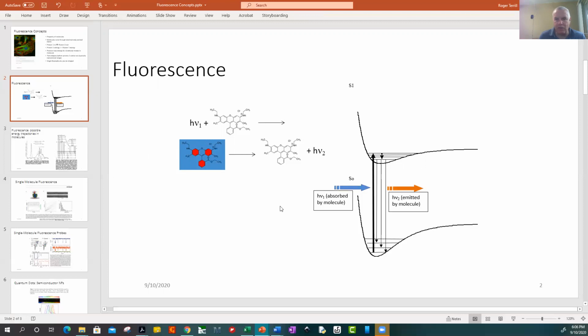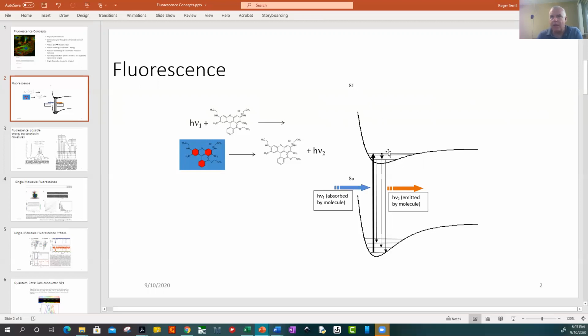Okay, less energy, lower frequency is correct. That was a contribution from Adam. Thank you, Adam. And you can see it clearly here on this Jablonski diagram. The incident radiation raises the energy from the ground vibrational state of the ground electronic state up to some excited vibrational level within the excited electronic state.